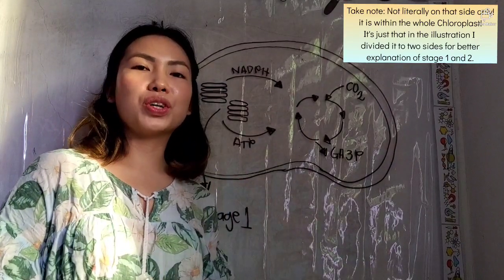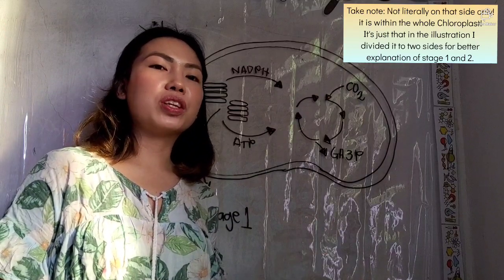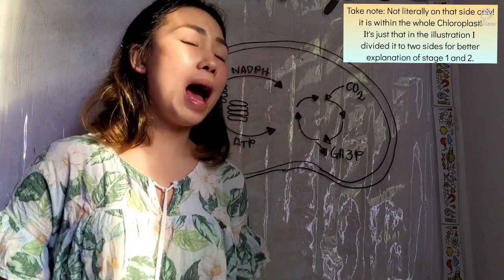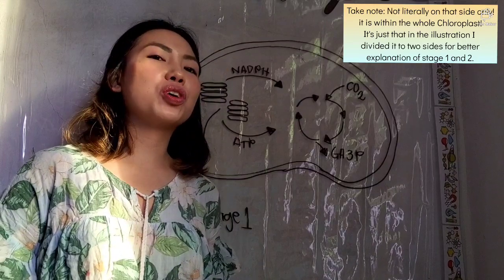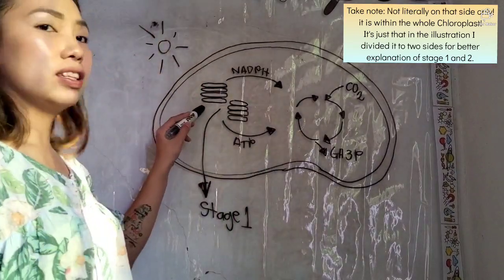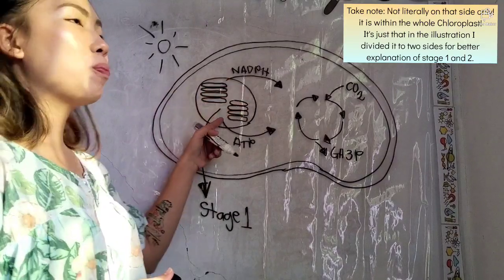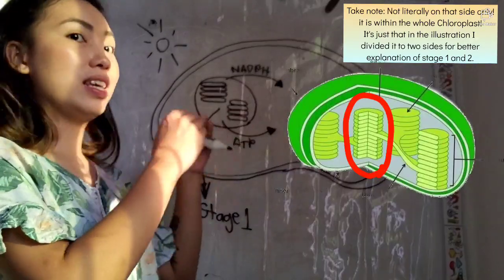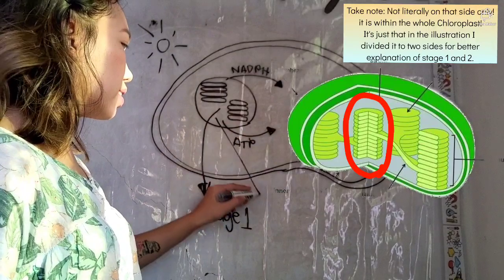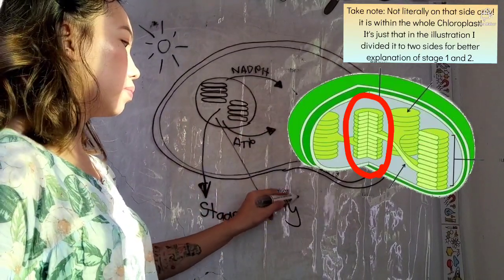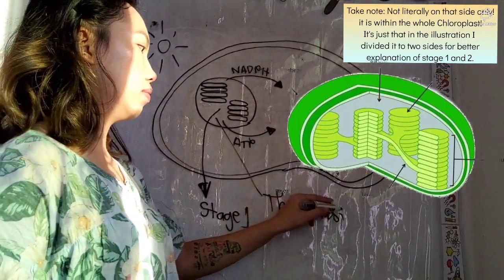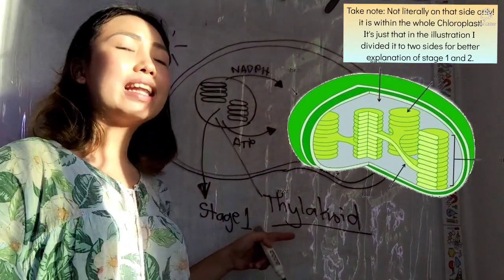In the light-dependent reaction, the specific location is this one, the part with stacked discs. We call this the thylakoid.